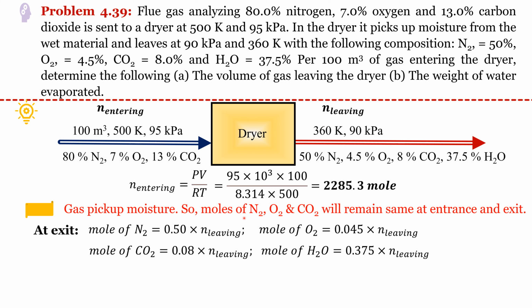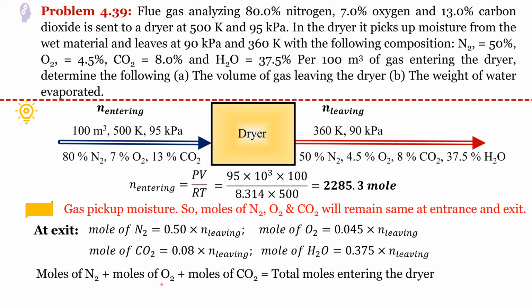Now we can use this condition. As per this condition, moles of N2, O2 and CO2 will remain same at entrance and exit conditions. So we can write moles of N2 plus moles of O2 plus moles of CO2 after drying equal to before drying.